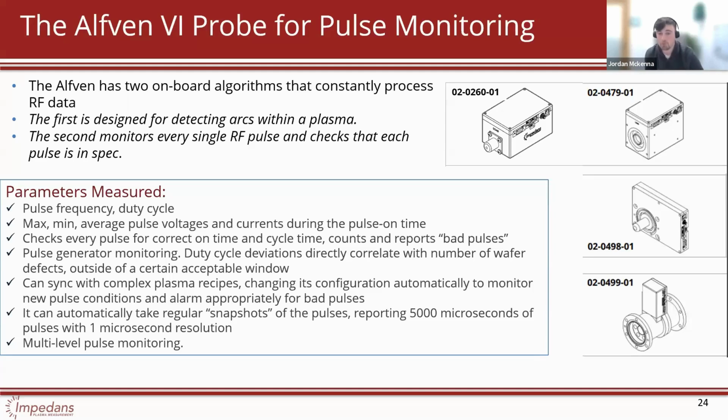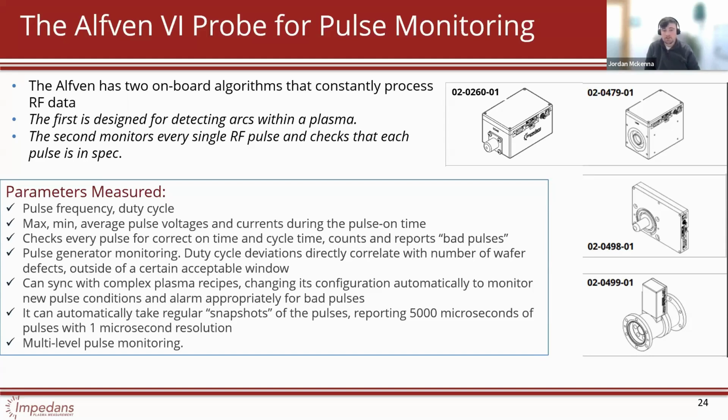So when you're doing pulse monitoring, you are essentially looking to see, is every single pulse the same? The Alpha can check the pulse for the correct on time, correct cycle time, and counter reports what we call bad pulses. So if your pulse has an incorrect period or incorrect duty cycle, it will show up in the Alpha as a bad pulse.